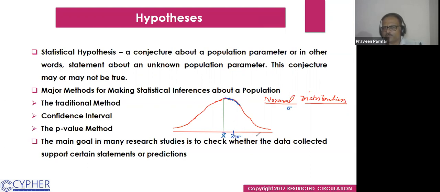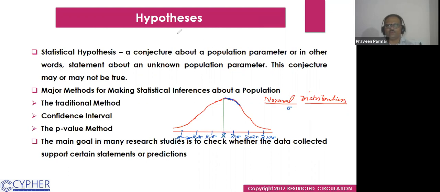At one sigma it will inflect, then at second sigma, then x bar plus 3 sigma. Also on the left side: x bar minus sigma, x bar minus 2 sigma, and x bar minus 3 sigma. This is on the axis.